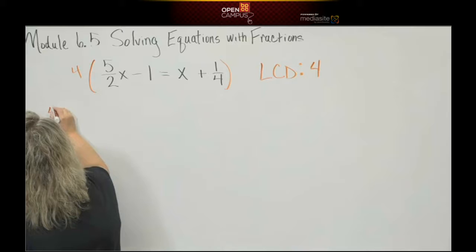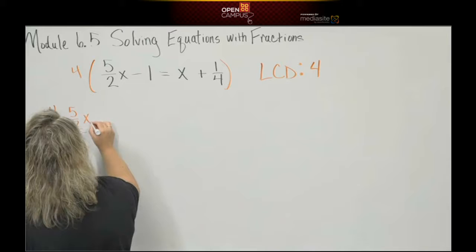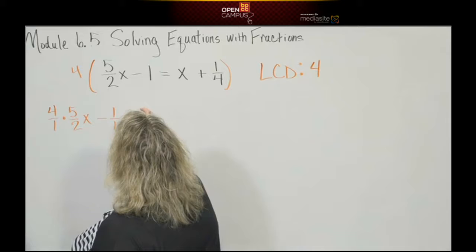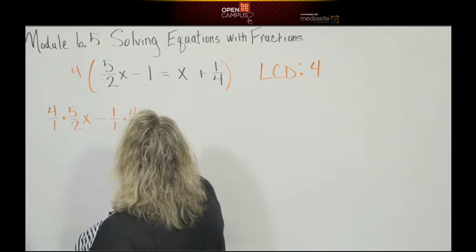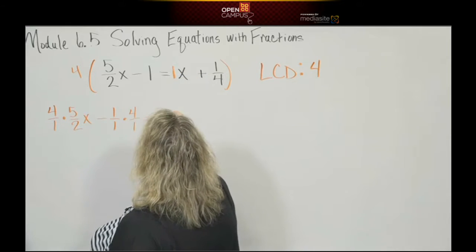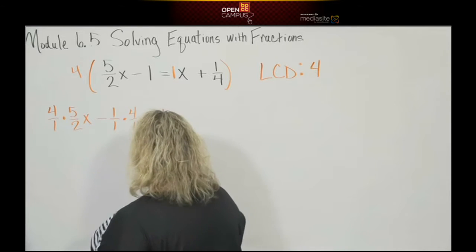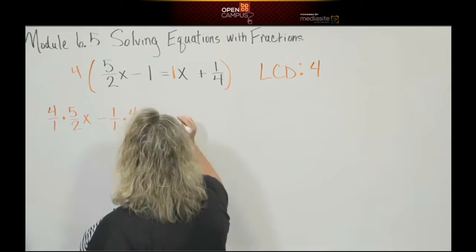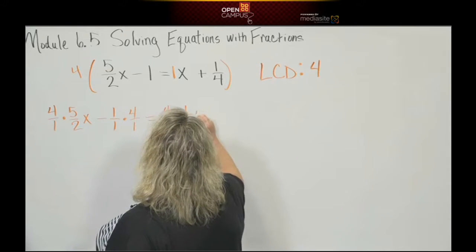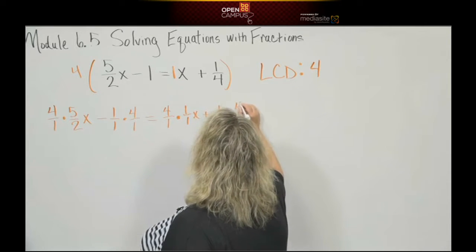So that would be 4 over 1, my little spirit 1, times 5 halves x minus 1 over 1, times my 4 over my spirit 1 is equal to, this x has an understood 1 as a coefficient, so that would be 1 over 1 times, let me write that reversed. So 4 over my spirit 1 times 1 over 1 plus 1/4 times 4 over 1.